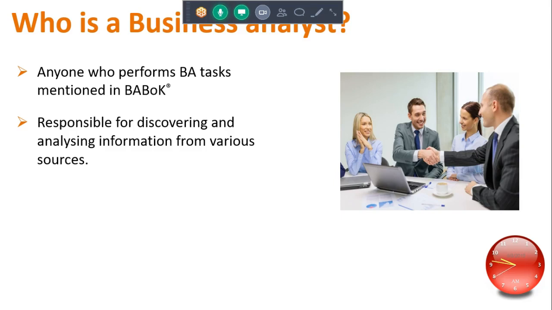So business analysis gets done throughout all types of organizations by all types of people, and the bottom line is that anybody who does business analysis is really a business analyst.